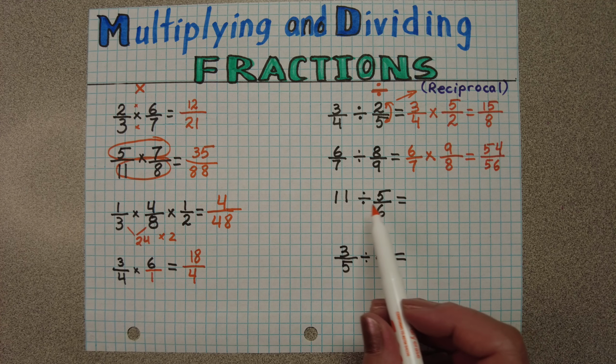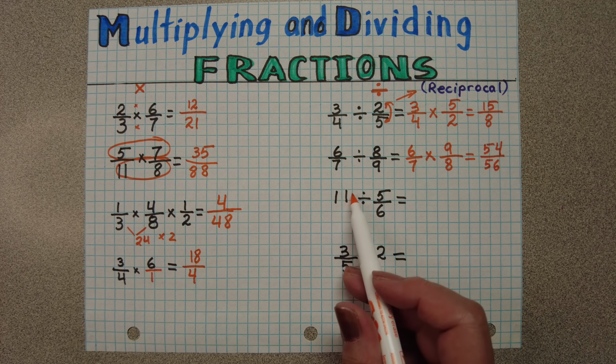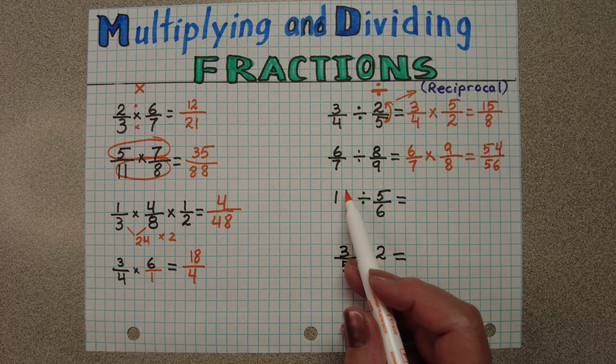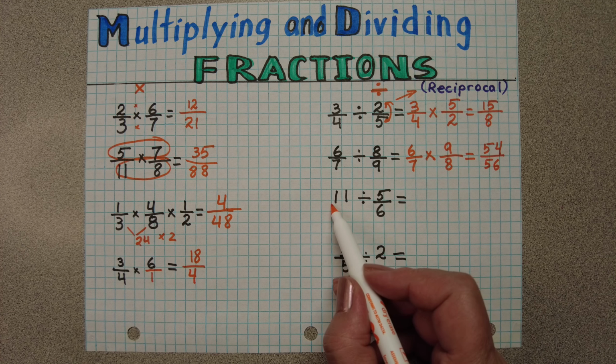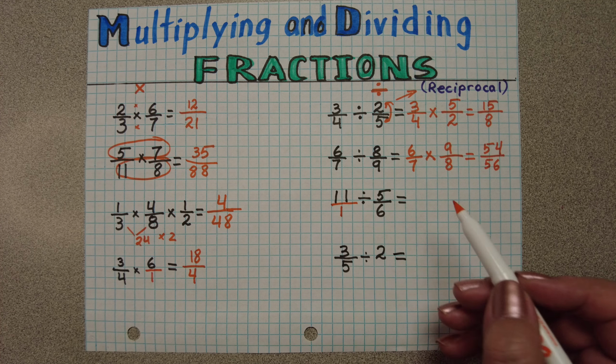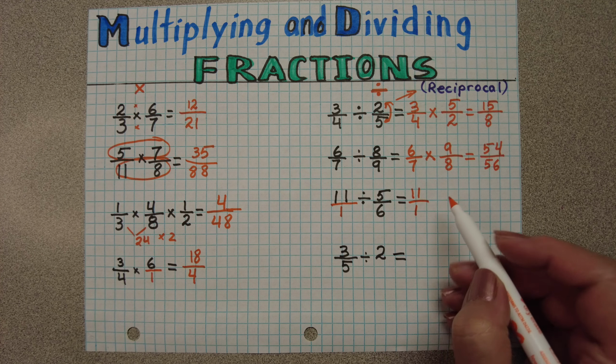In this case, we don't have a fraction in front, we have the whole number 11 divided by a fraction. Again, we're gonna make this a fraction. So we will keep the first one the same.